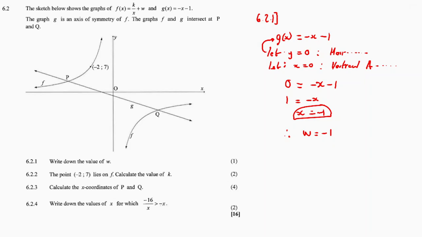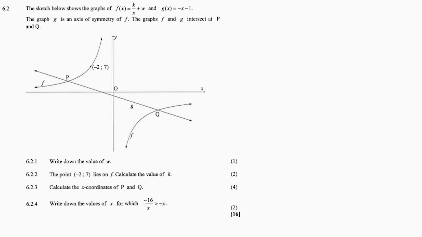6.2.2, let's calculate: the point minus 2, minus 7 lies on f. Calculate the value of K. So I have a point minus 2, minus 7, which is found on the function f.